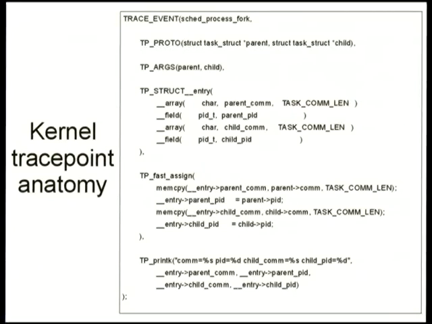What you have there is the prototype of the function, so you see what the parameters are that will get passed to this trace point. What's the argument, the actual value, that's what will get written to the trace buffer. So you see that we'll write parent comm, parent PID, child comm, and child PID to the trace file.